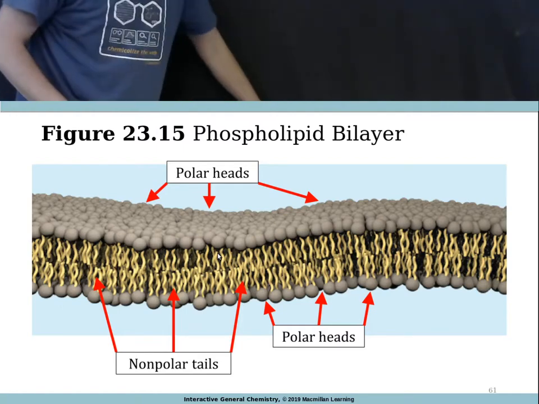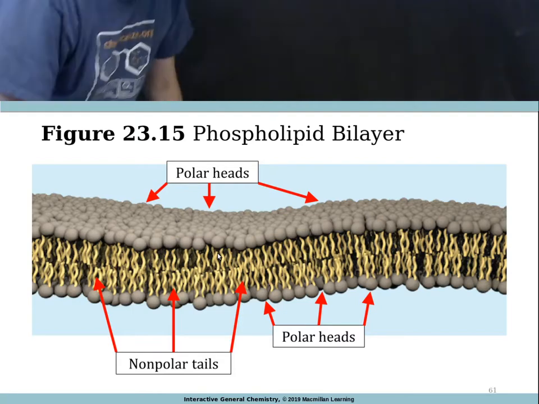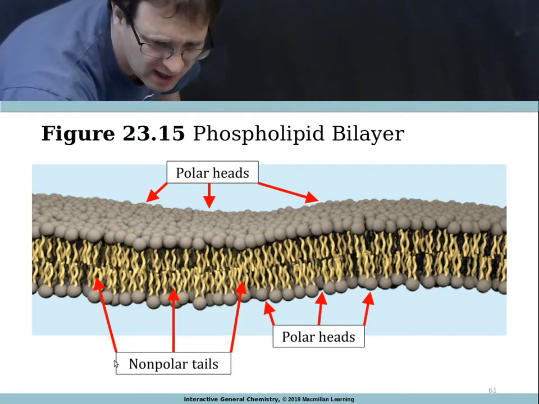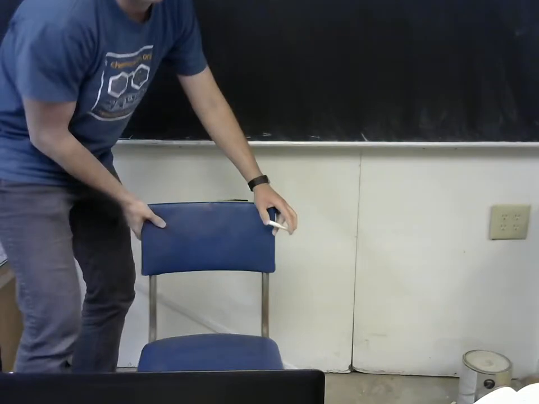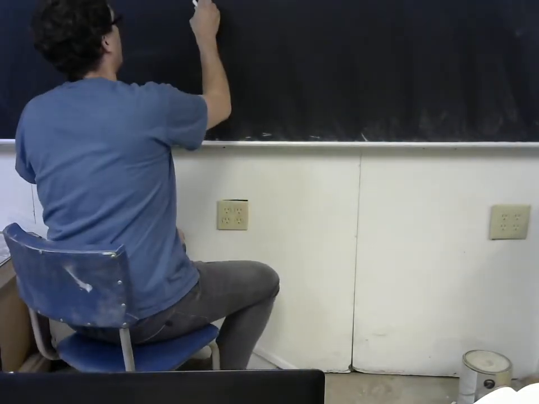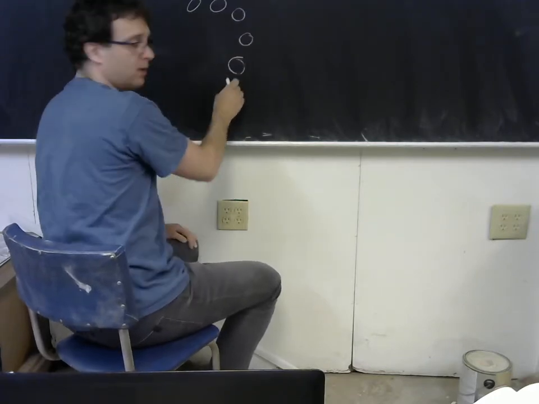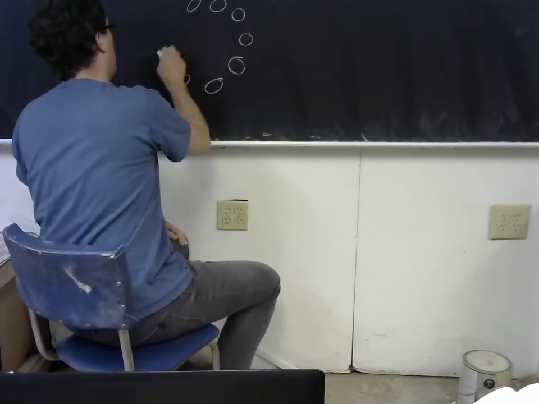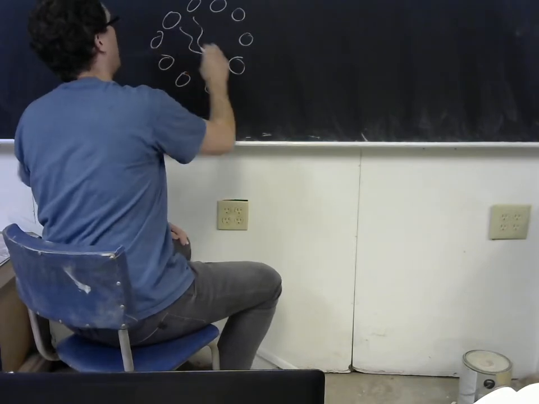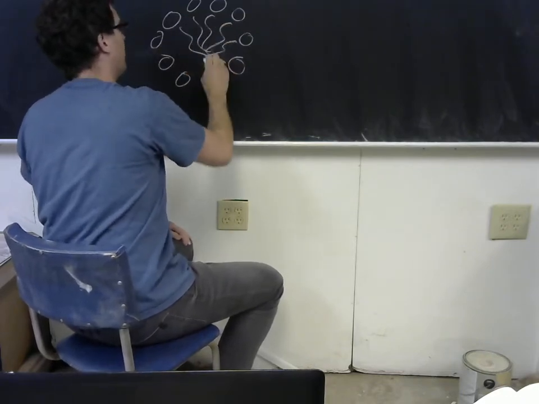So if you have a small concentration of the phospholipids, then they will form a micelle where the polar heads will be on the outside and all the non-polar tails will be on the inside.